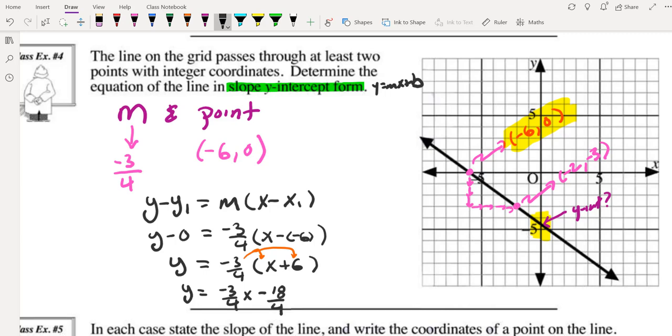Now the 18 over 4 we can simplify. So let's rewrite this as y is equal to -3/4 x minus 9 over 2, since 2 can go into both.